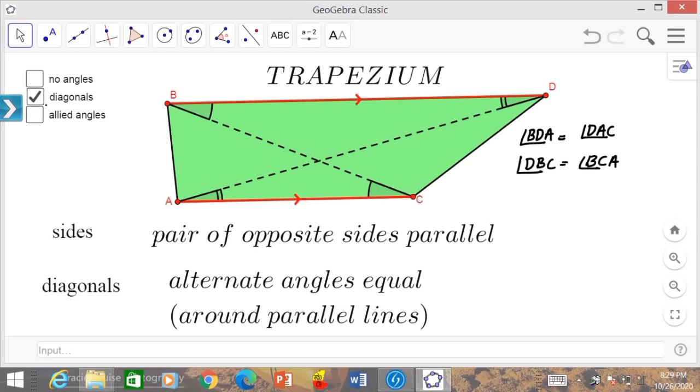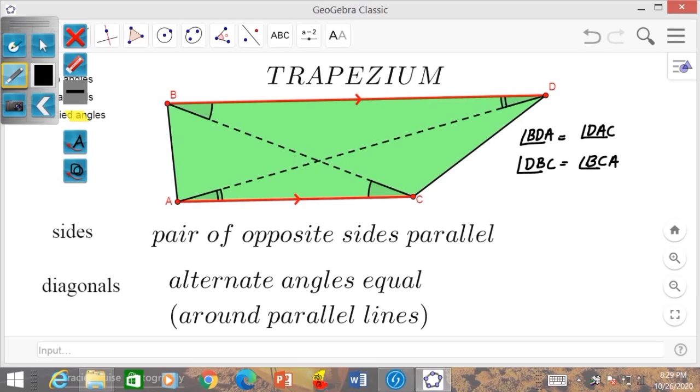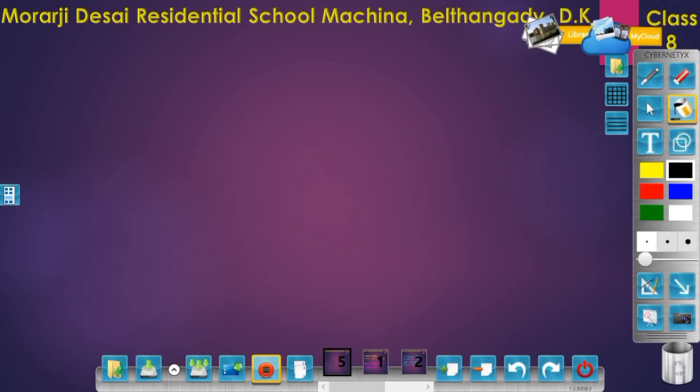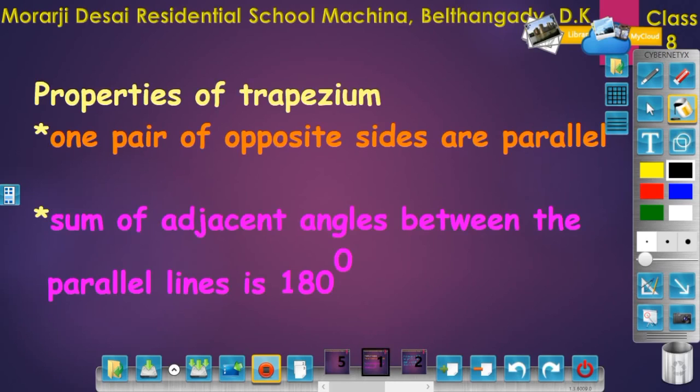Alternate angles around the parallel lines are equal. Here BAD and ADC are also alternate angles, but they are not equal because AB and CD are not parallel lines. So alternate angles around the parallel line are equal.